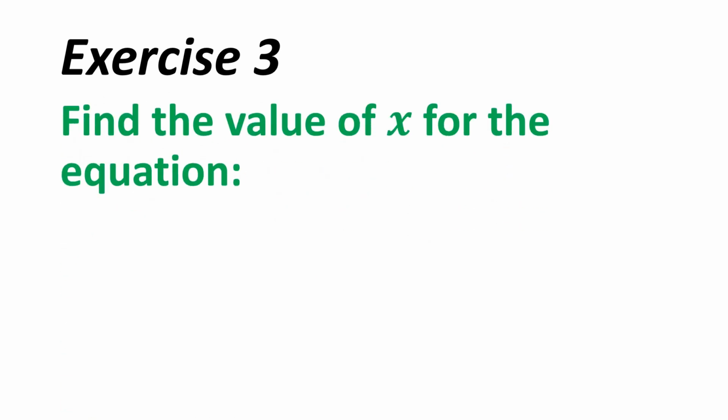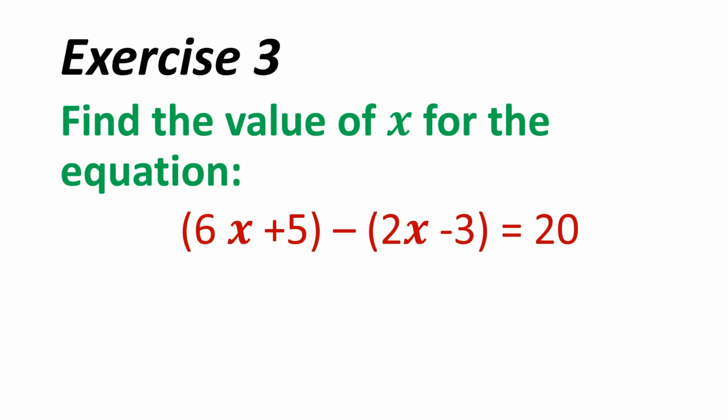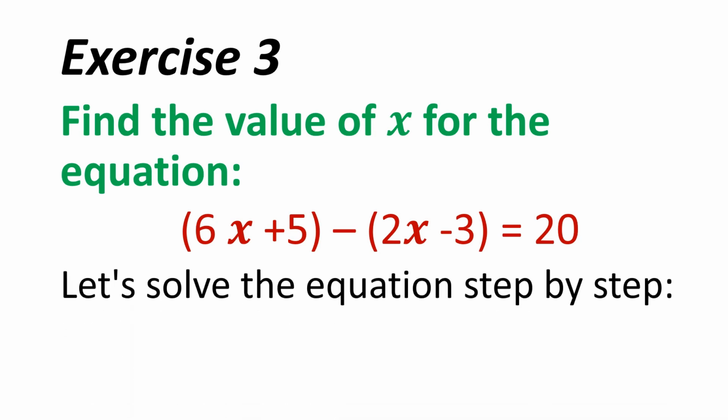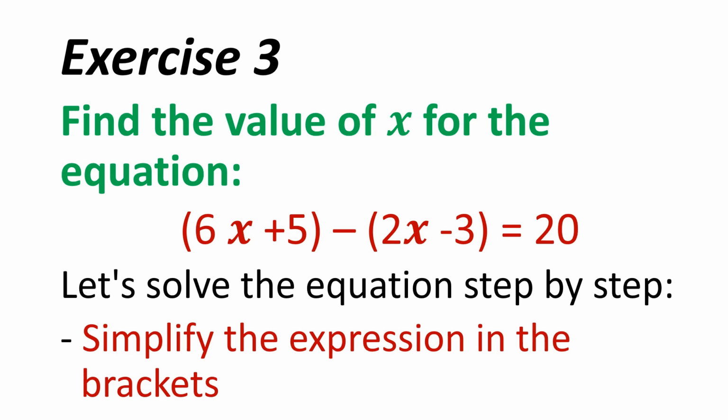Exercise 3. Solve the equation 6x plus 5, minus 2x minus 3, equals 20. First, we simplify the expression in the brackets. 6x plus 5, minus 2x plus 3, equals 20. Next, we combine like terms on the left side.